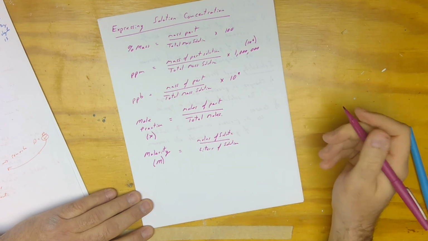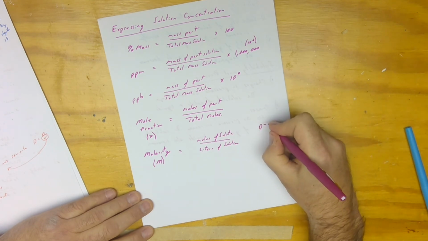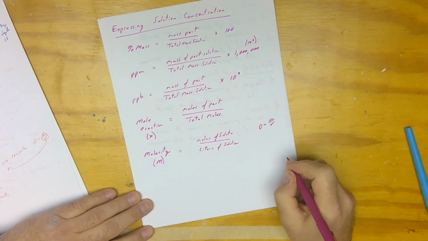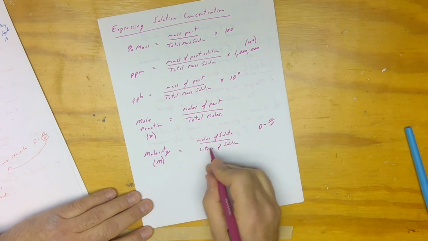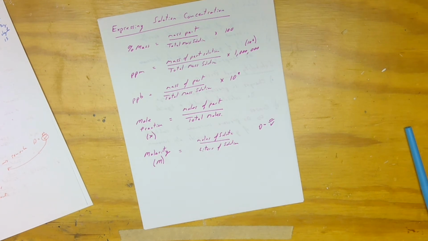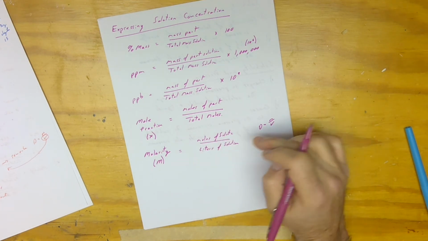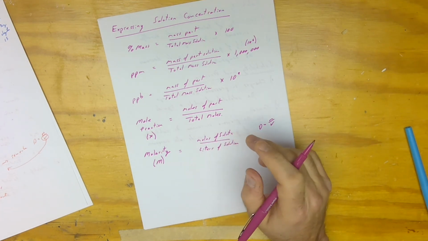Remember, a lot of the times you might have to use the density formula. Density equals mass over volume to get some volumes and things. So, right, this is often related with molarity. Probably this is the most common one to use for concentration.